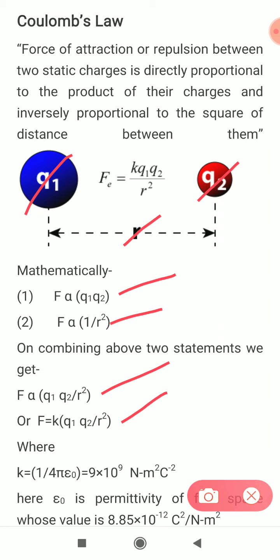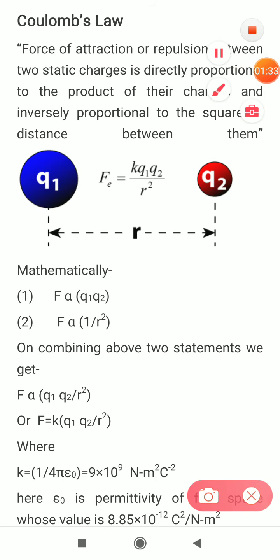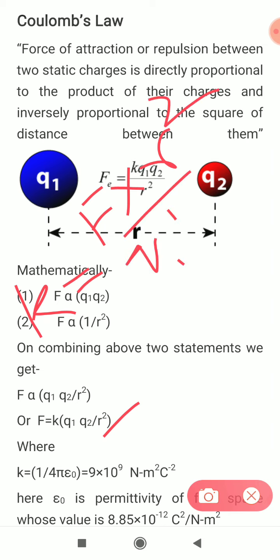If you see here, the unit of this k comes from the cross multiplication of the statement F is equal to k q1 q2 upon r square. If you just find the value of k, it will simply be F into r square divided by q1 into q2.